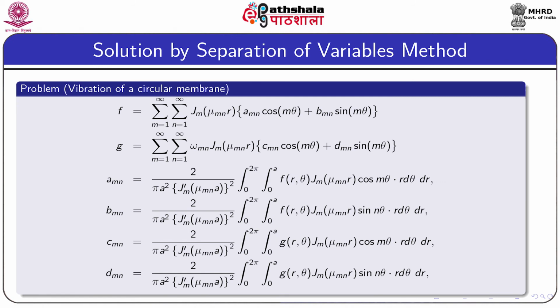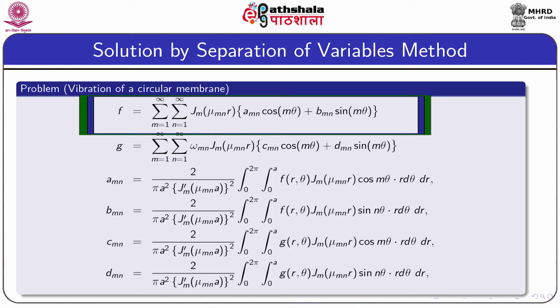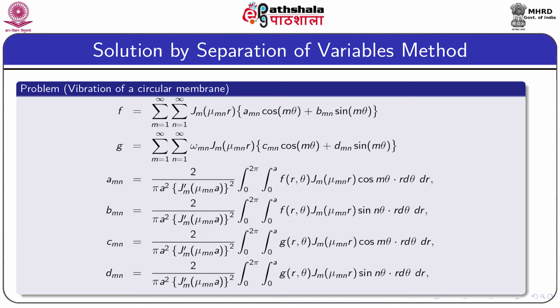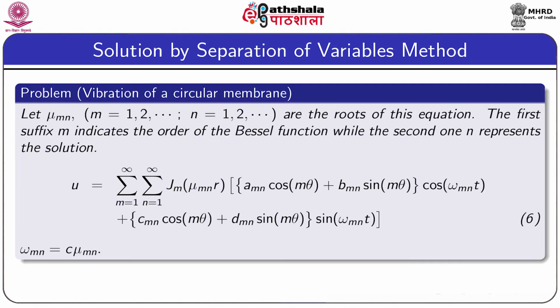So, that condition gives f as sum over m, sum over n of J m mu mn r into a mn cos m theta plus b mn sin m theta, and this condition can be obtained from the general solution by putting t equal to 0.